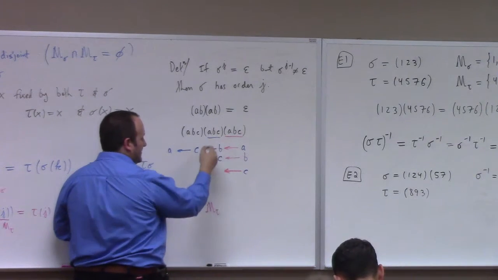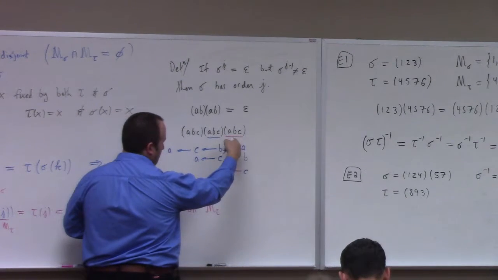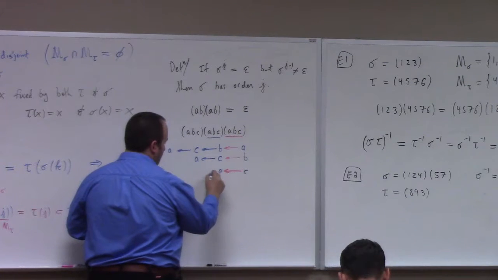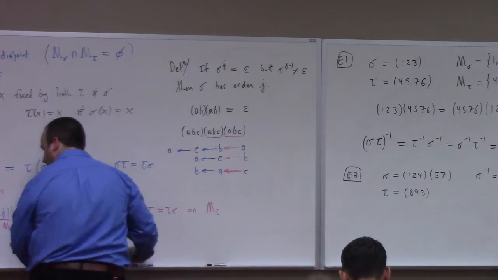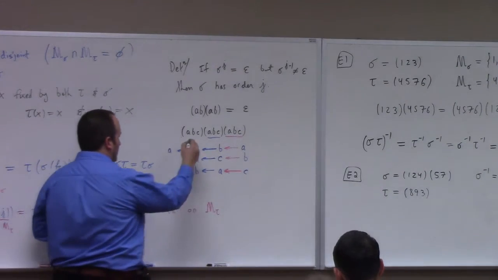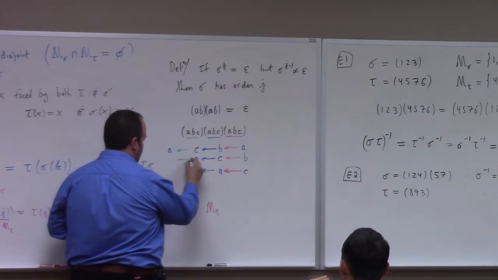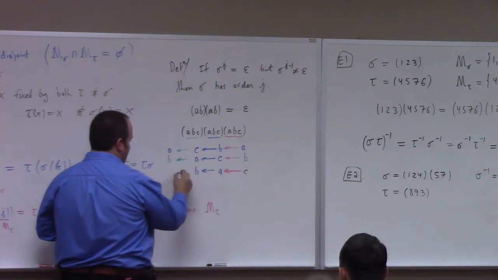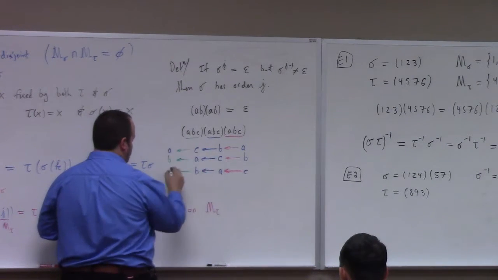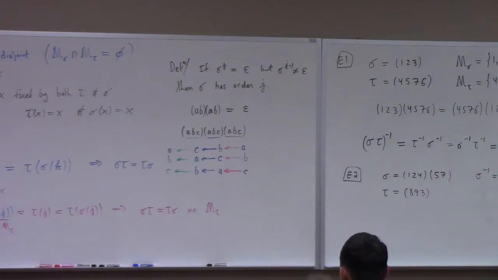C goes to A. And then here A goes to B. Sorry, I'm getting more OCD as I teach this year. B goes to C. Oh, look, A goes to A, B goes to B, C goes to C. So a cycle of length 3 has order 3.